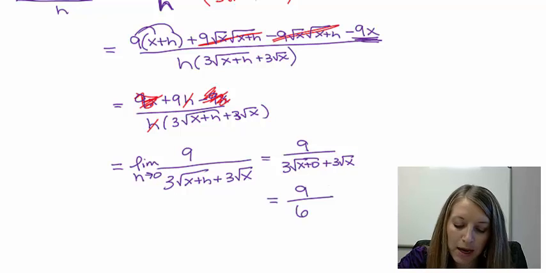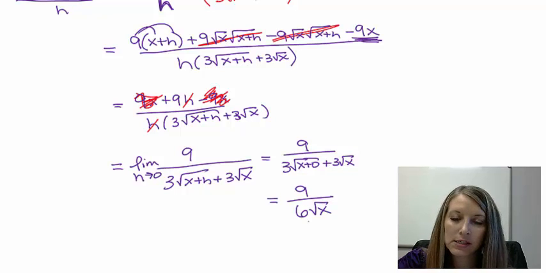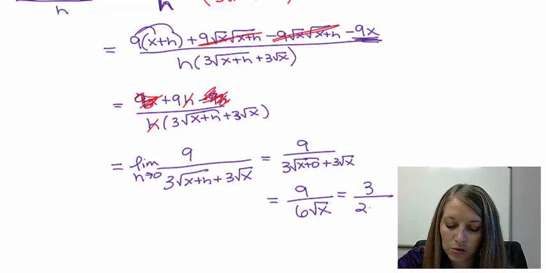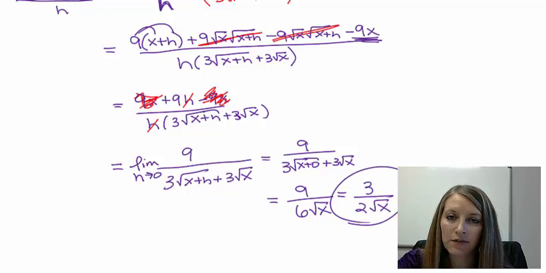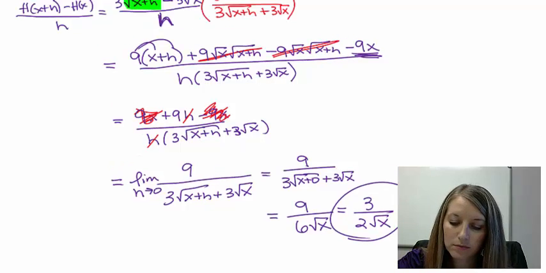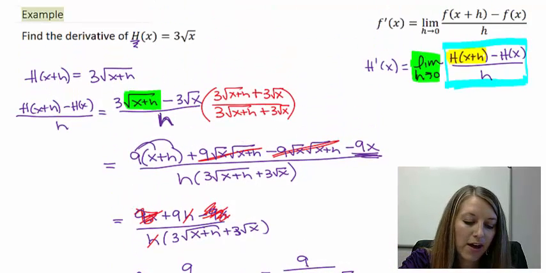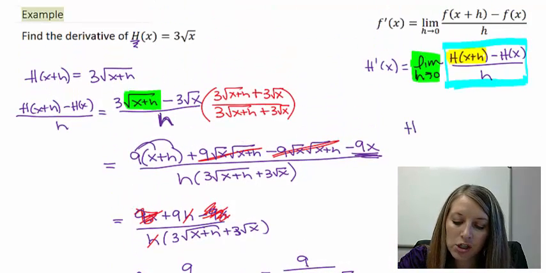I just add my coefficients, which gives me 6 root x. I can reduce this 9 and the 6 by 3, which gives me 3 over 2 root x. And so therefore, we have the derivative of this function. My final answer here is h prime of x equals 3 over 2 root x.